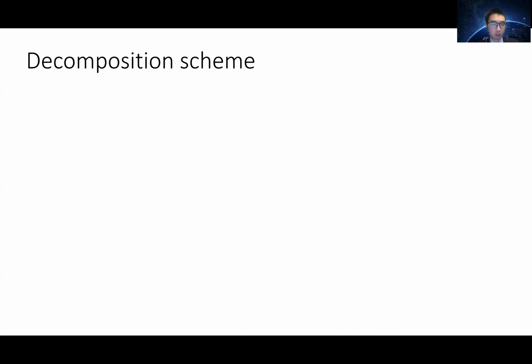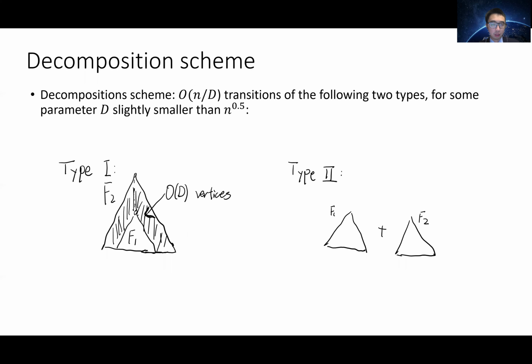In order to do this, we use a decomposition scheme. Instead of doing O(n) transitions one by one, we decompose the transitions into O(n) over d blocks of transitions of the following two types, for some parameter d slightly smaller than the square root of n.